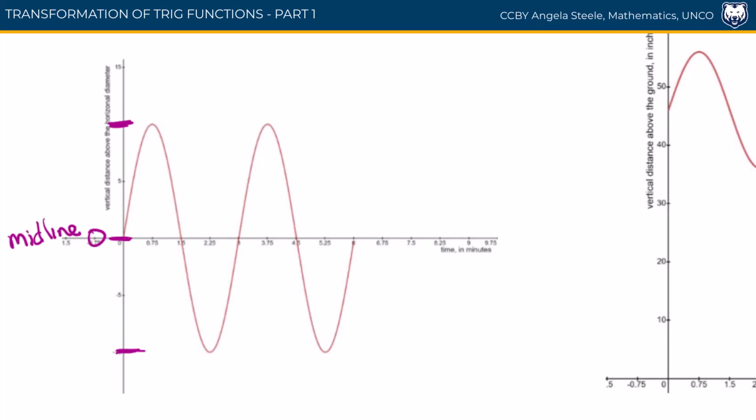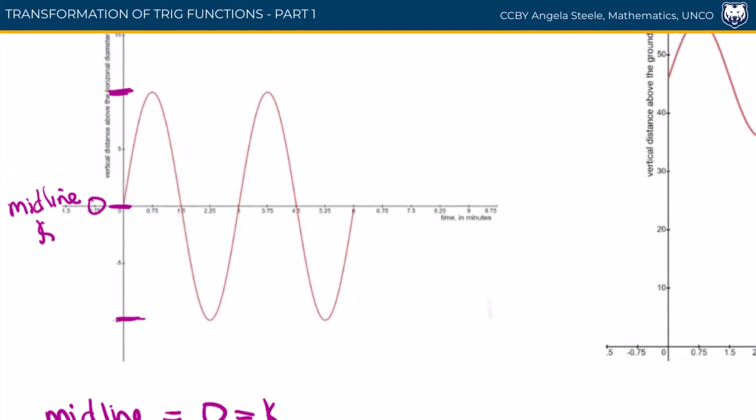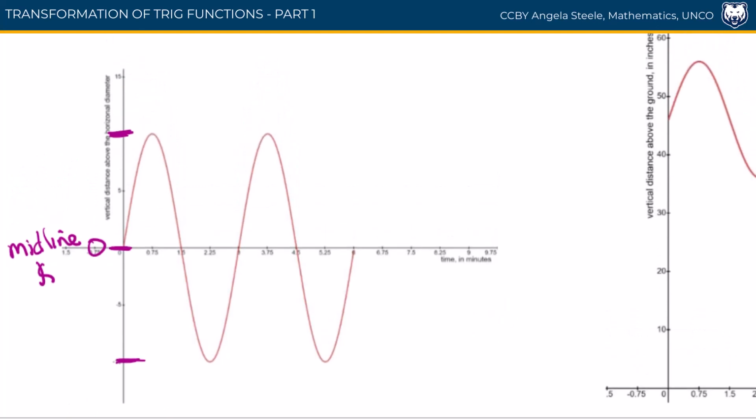And remember from what we just talked about above, the midline is going to be represented by our k value. So let's make a note of this. So midline is going to be 0, which is our k value in our equation. Our amplitude is how much that function was stretched.